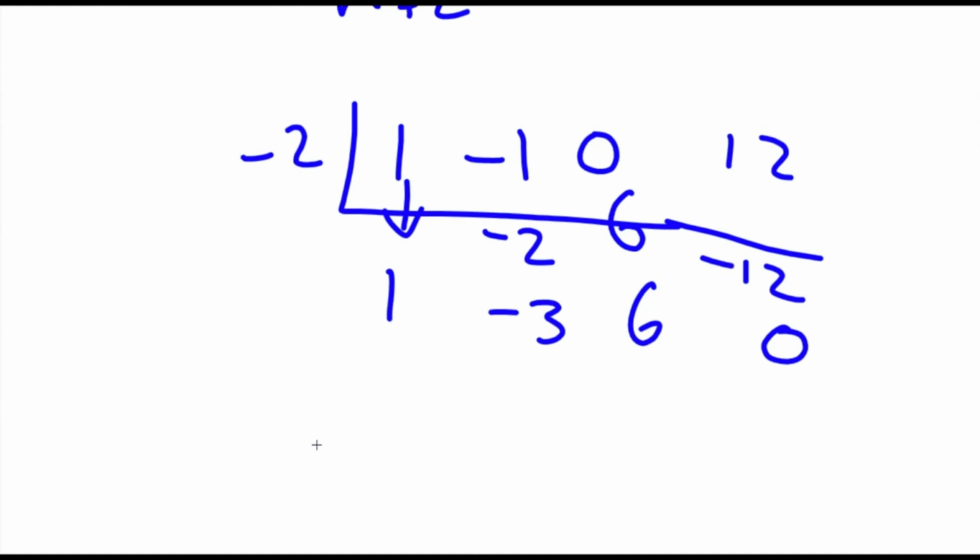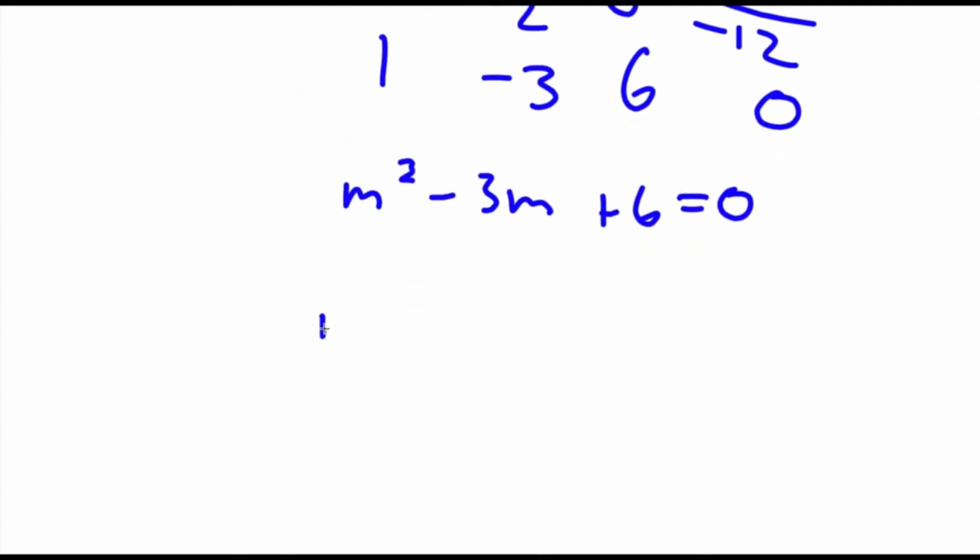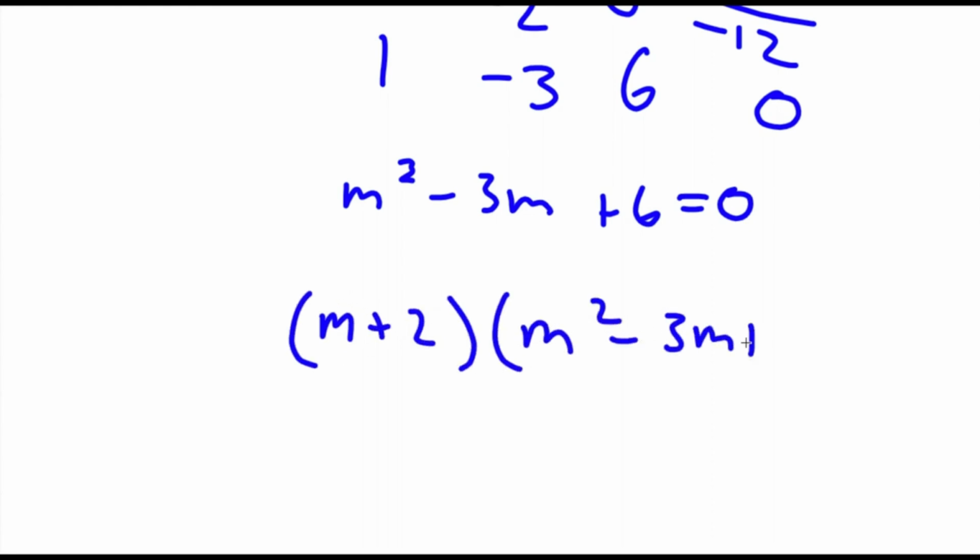So this is going to be m squared minus 3m plus 6, because 1, negative 3, and 6. And this is equal to 0. So now I have m plus 2 times m squared minus 3m plus 6 is equal to 0.